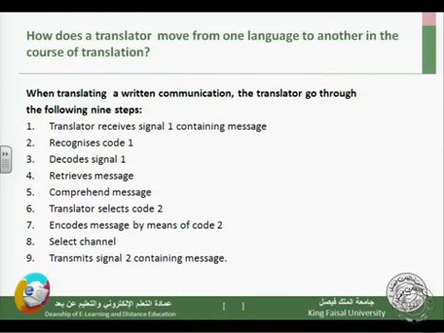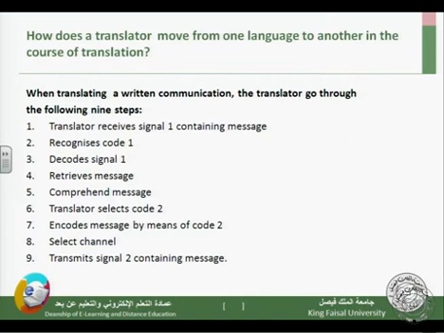If he is receiving a message or a code 1 from Arabic, then he has to select code 2 in English. Then what he needs to do, he needs to encode the message by means of code 2. He has to make the message in code 2. In other words, he has to do it in English.